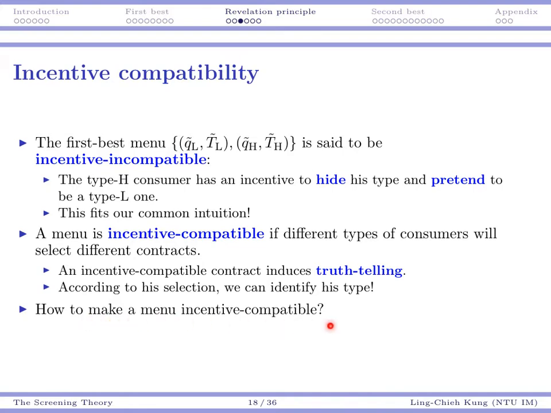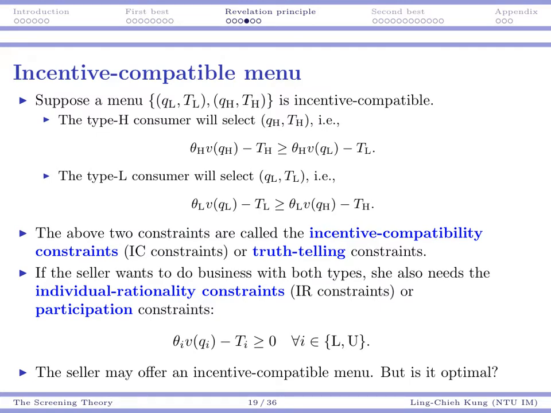So let's see how we may do that. Suppose I offer QL, TL and QH, TH, and suppose I want it to be incentive compatible. The idea is very simple. I need to make sure that the type H consumer should choose QH, TH, and that means by choosing QH, TH, his utility should be no less than the utility for choosing QL, TL. Then, by designing these four numbers carefully, I can induce the high type consumer to choose QH, TH.